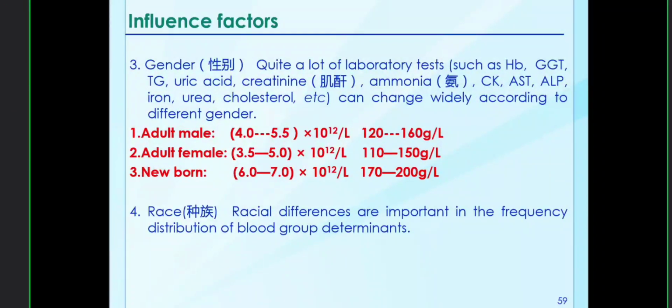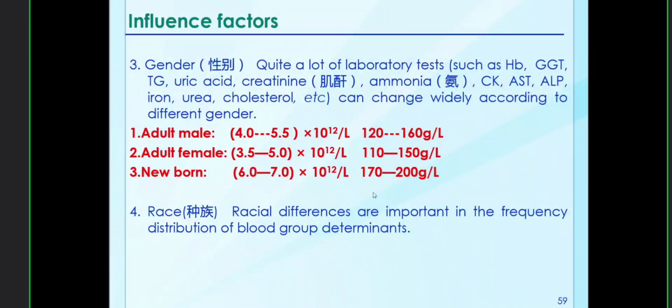Third factor is gender. Quite a lot of laboratory tests, such as hemoglobin, GGT, and PG, uric acid, creatinine, and ammonia, CK, AST, ALP, iron, urea, cholesterol, etc., can change widely according to gender.